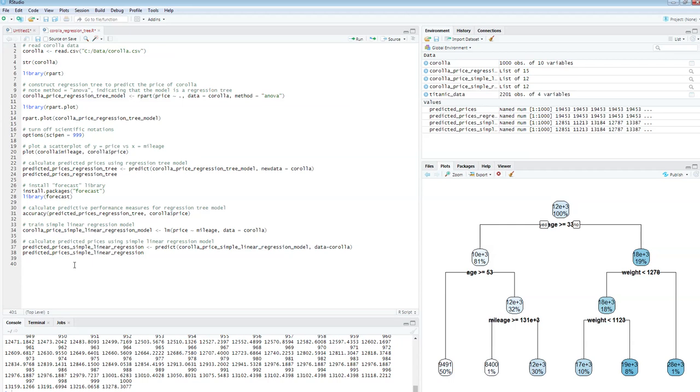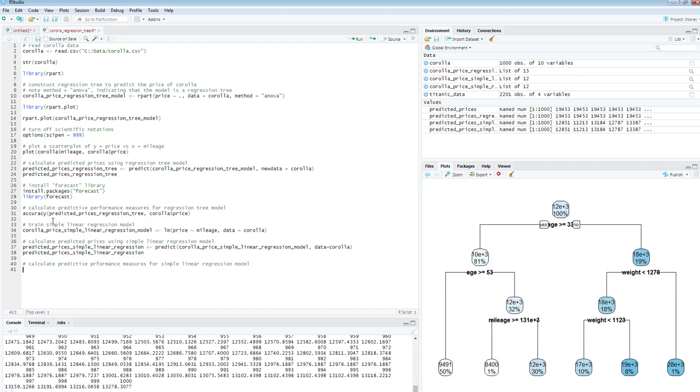Well, let's see. So just like I did before, I will calculate predictive performance measures for the simple linear regression model.